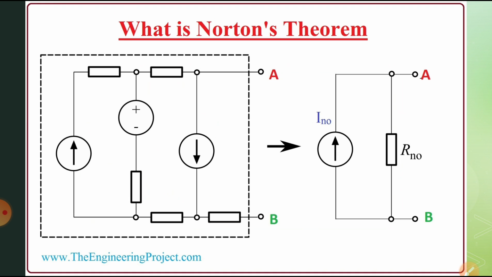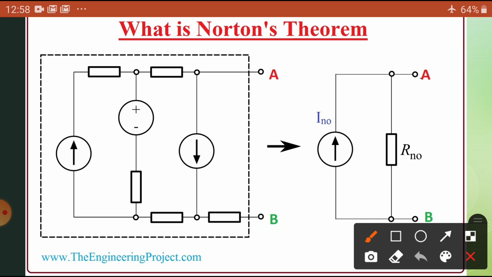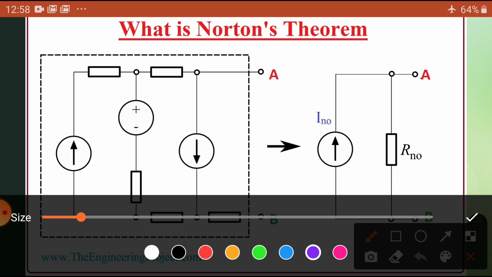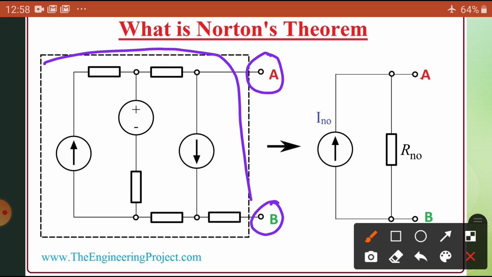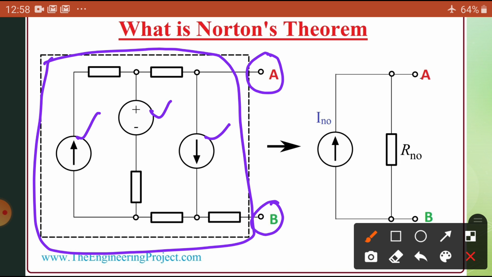Before going to the definition, students, just remember this: here are the A terminal and B terminal, and this is a complex circuit. You don't know what is inside. It may be a current source, it may be a voltage source. All sources may be present inside, so we can say this is a complex circuit.